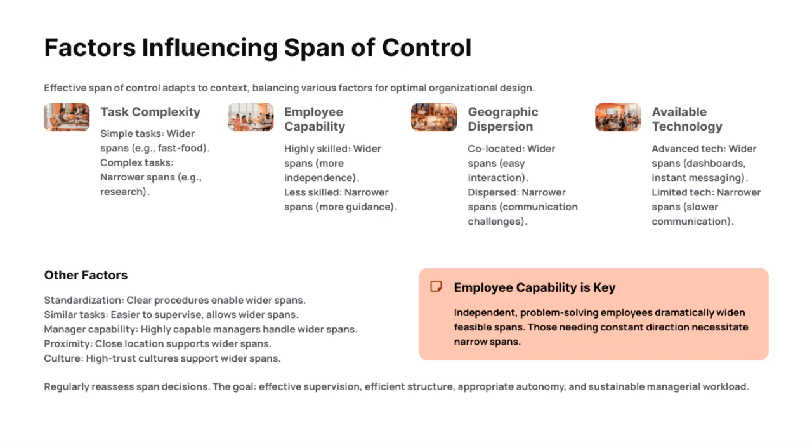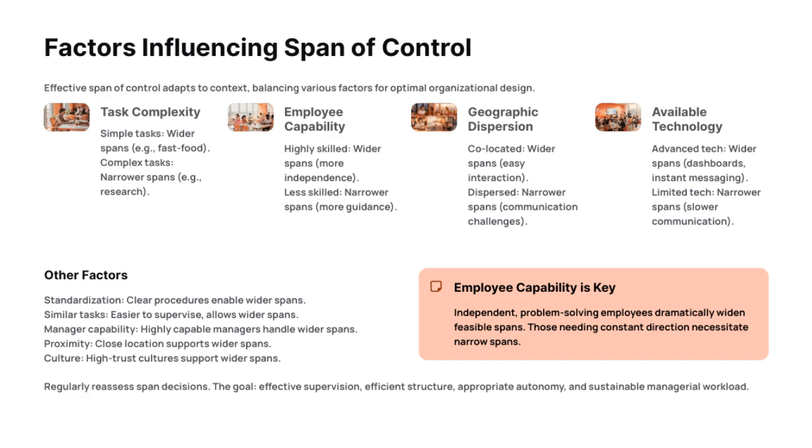Now, employee capability is a key factor in determining the right span. Standardized procedures, for example, make it easier to oversee larger groups because everyone knows what to do. Similarly, tasks that are similar or routine also simplify supervision, allowing for wider spans. Manager capability plays a role too.